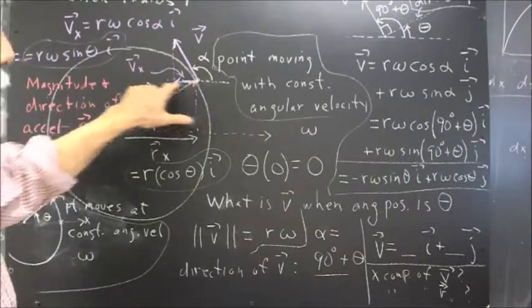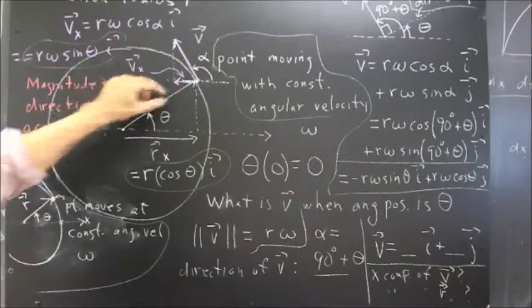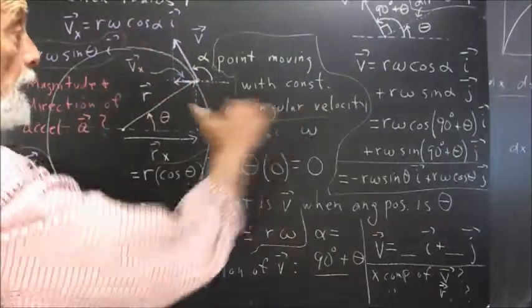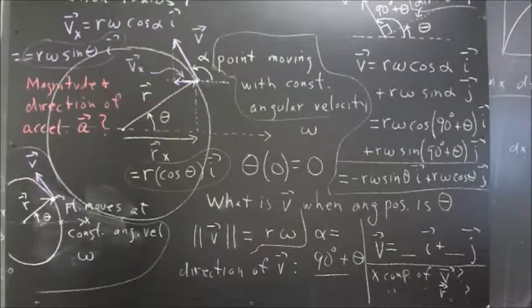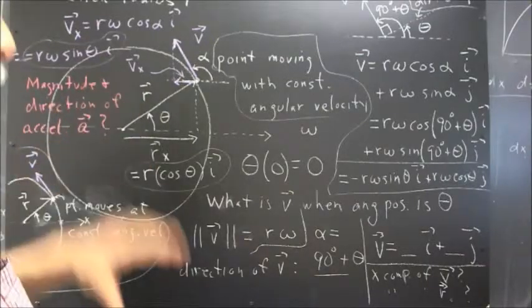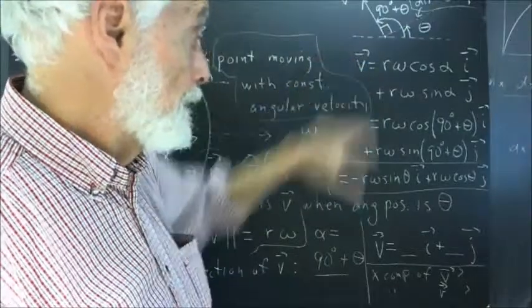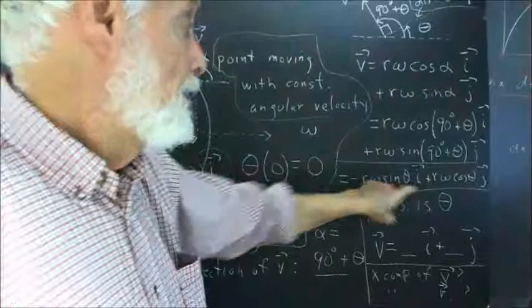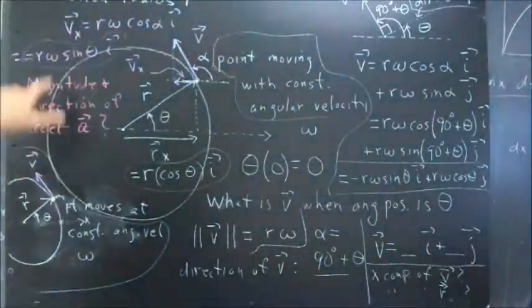So the Vx, the x component of the velocity vector, which I've sketched here, moving to the left, just the projection on the i direction of the V vector, is negative r omega sine theta. Of course, we can go back to what we obtained for the velocity vector, and we can easily see that the i component is the x component of the vector, negative r omega sine theta.